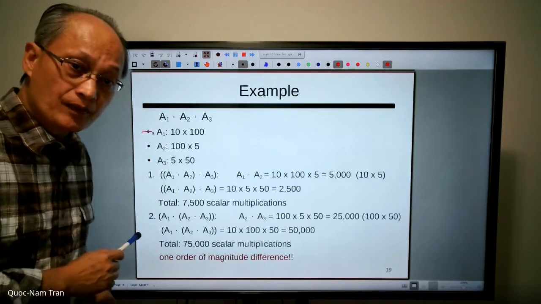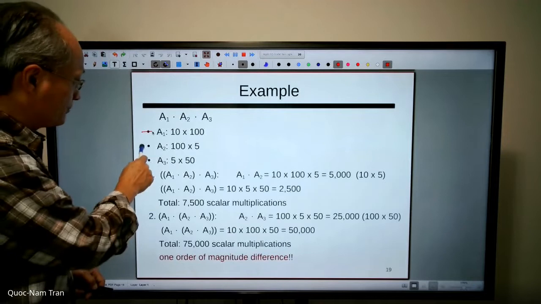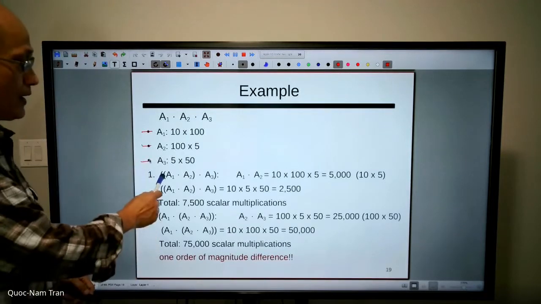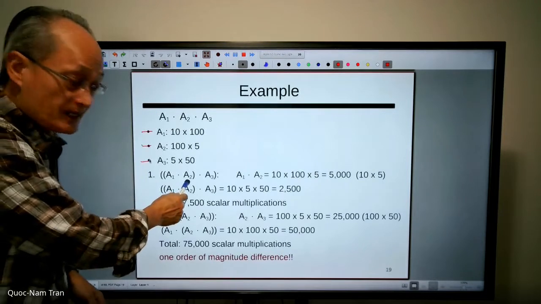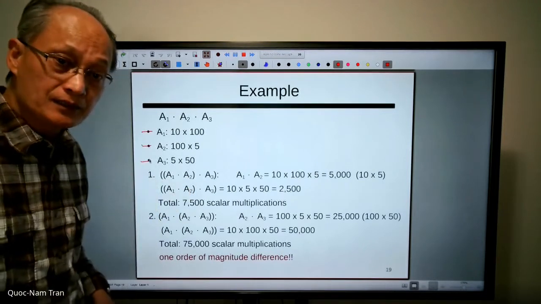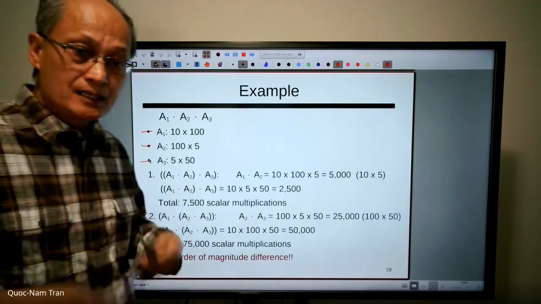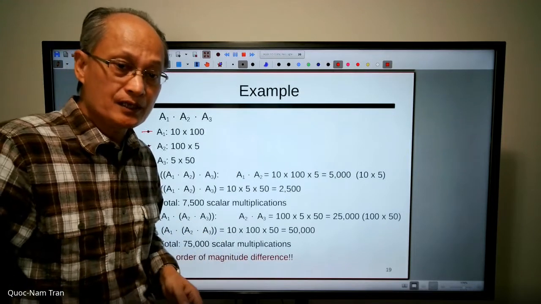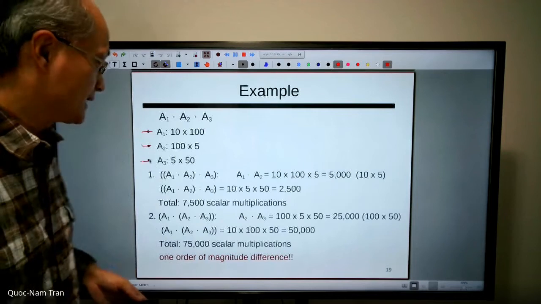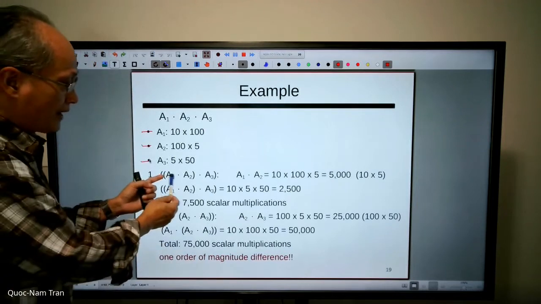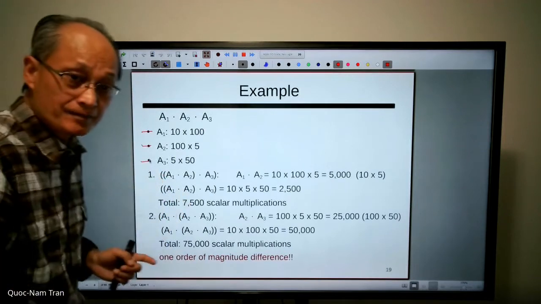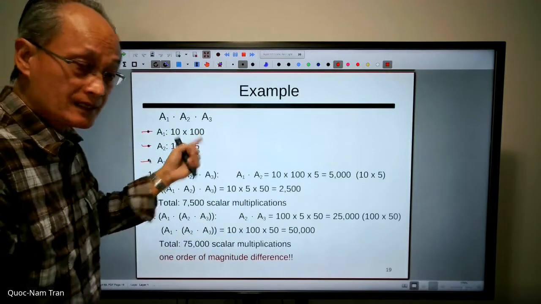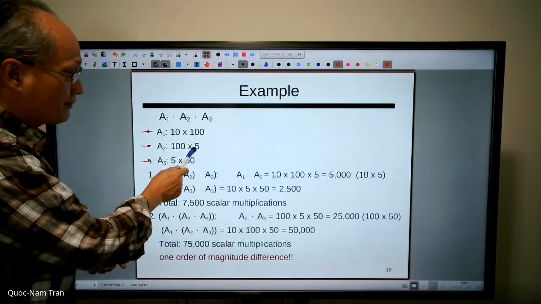Here are the number of rows and the number of columns. Now, if we multiply A1 and A2 first, and after that multiply with A3, how many steps or small multiplications of elements do we need? So first we multiply A1 with A2. A1 is 10 by 100 and A2 is 100 by 5.